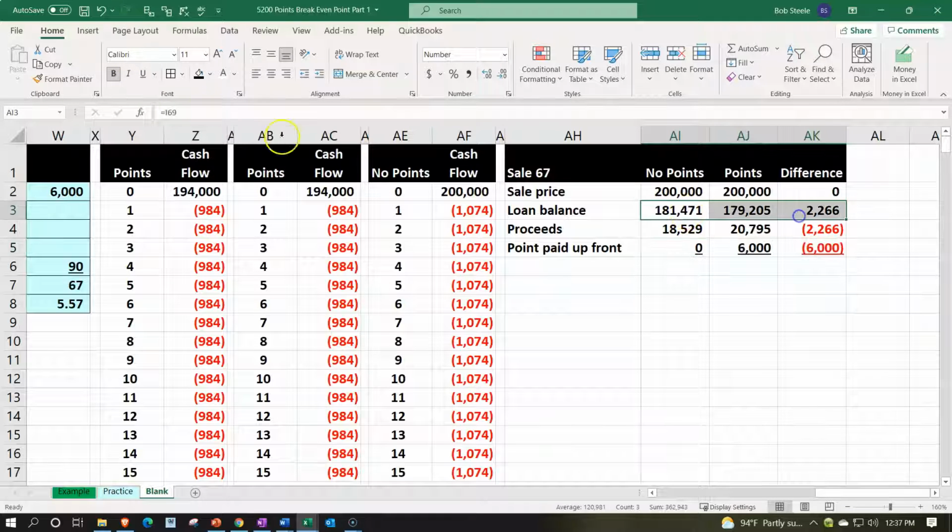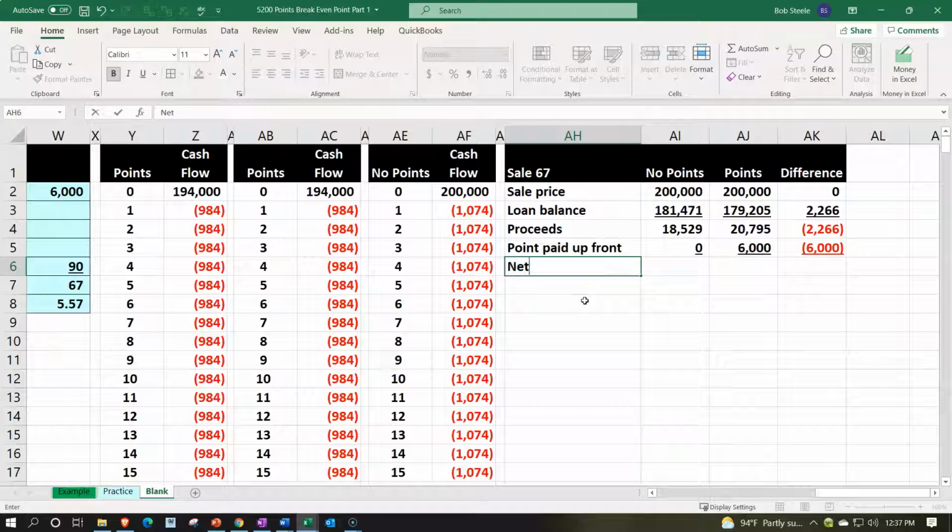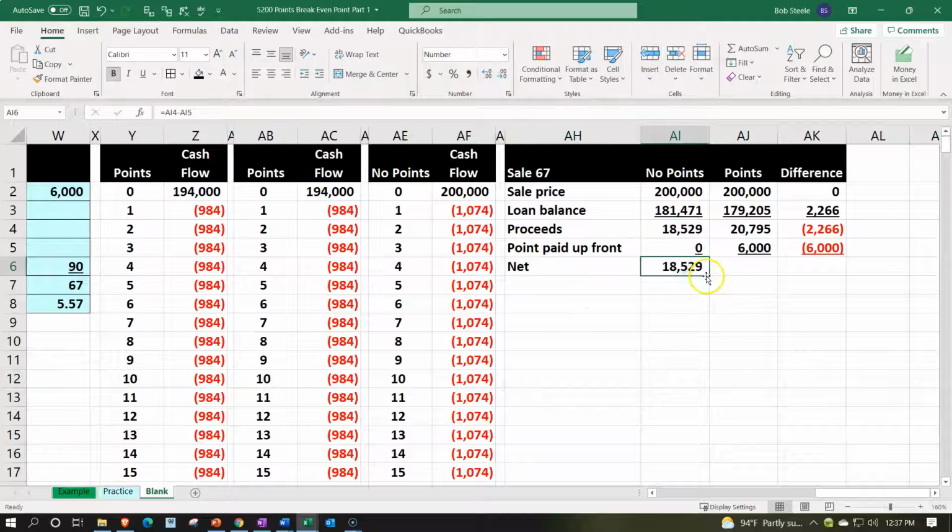That means that we paid 6,000, so the net after points is going to be equal to this minus the points we paid. So we've got the difference. Okay, we're going to copy that across. So there we have the difference.